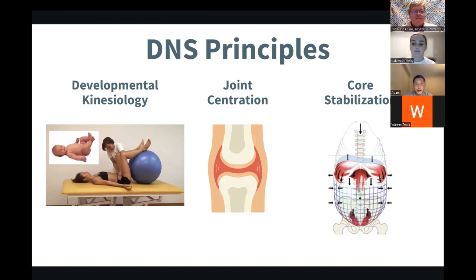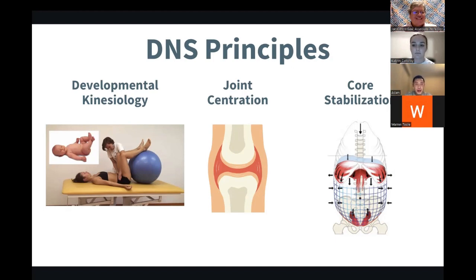Yes. I think the video talked about developmental kinesiology and a little bit about joint centration, right? Like you said, developmental kinesiology. The idea is that we follow the different stages of a baby's development. It's very hard to say these two words together.